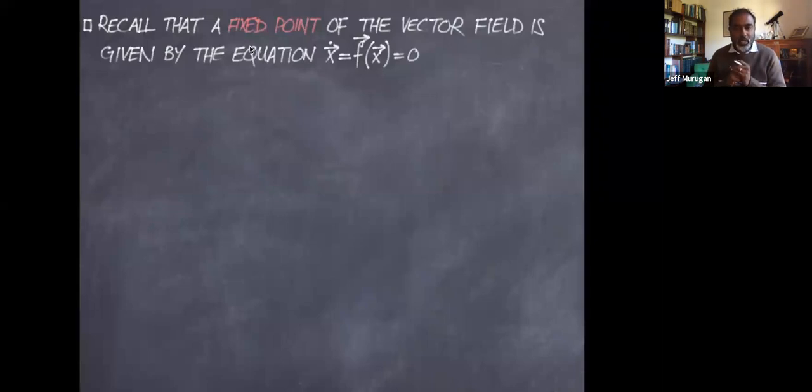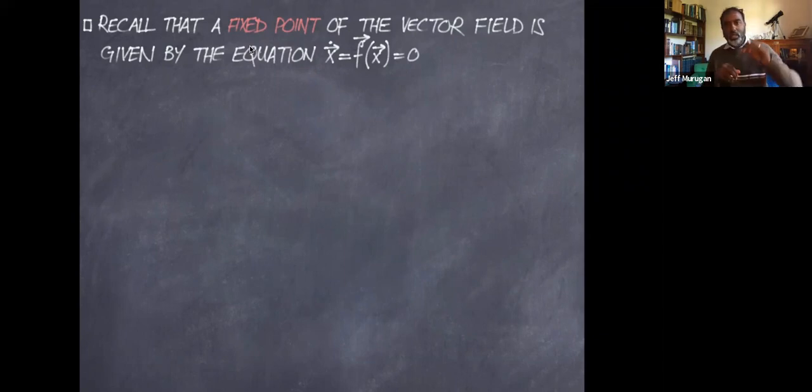And nothing happens means that there's no change from that point, okay? And no change from that point means that x dot must equal 0. But x dot is equal to f of x, so if x dot is equal to 0, then f of x equals 0. So then I solve the algebraic equation f of x equals 0 for x. All points x that satisfy f of x equals 0 are what we call fixed points of the dynamical system.